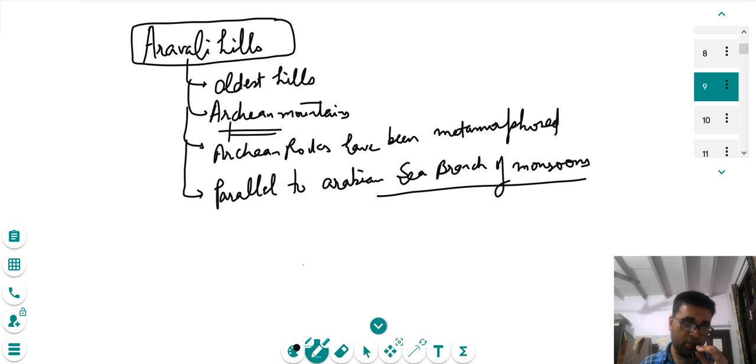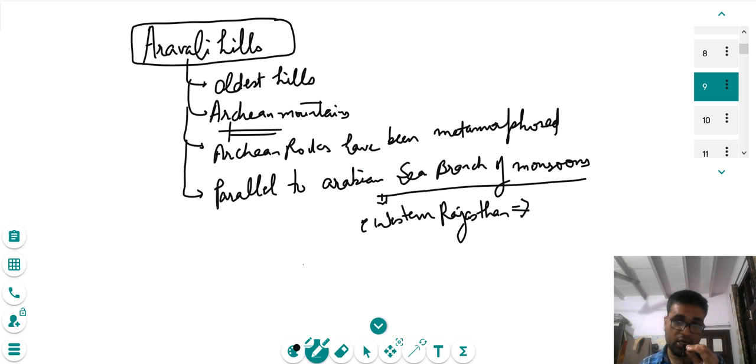And because of this parallel nature, the western part of Western Rajasthan experiences what? Aridity, right? So these are the Aravalli Hills, right?